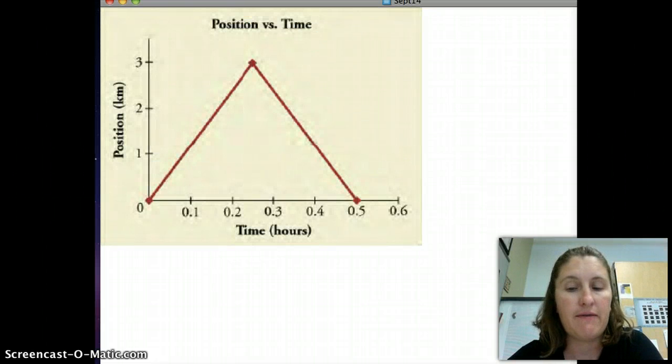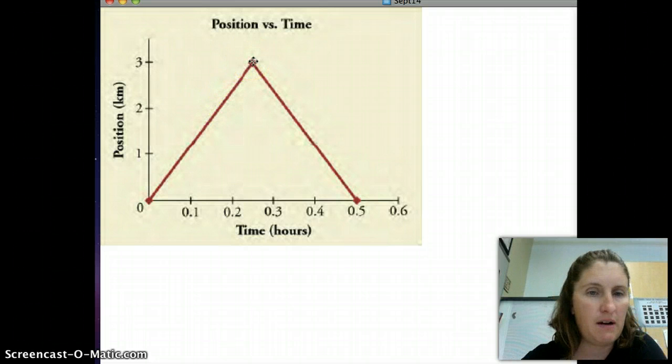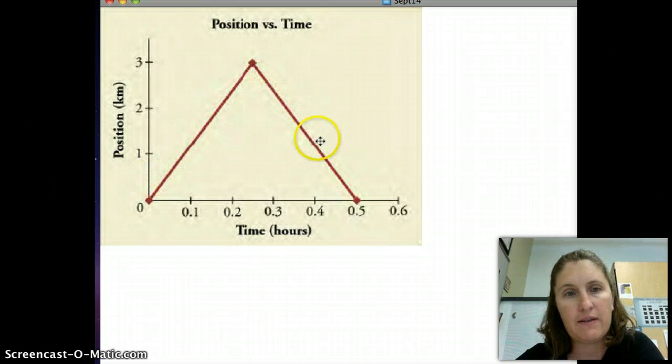So look at this graph. We just finished a warm-up with a bunch of graphs. Here we have a graph where someone is at 1 kilometer at 0.1 hours, 2 kilometers just before 0.2 hours, 3 kilometers at about halfway between, and then they go backwards. Now the slope of this line is a constant positive slope and a constant negative slope.